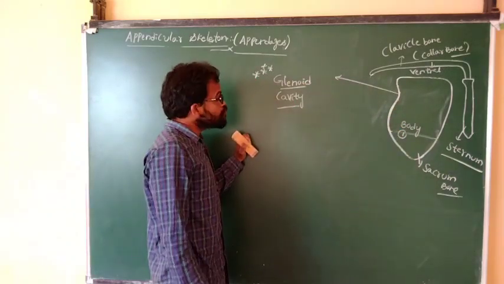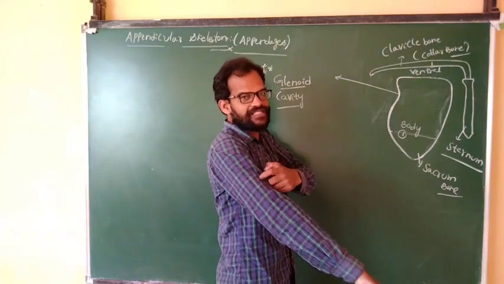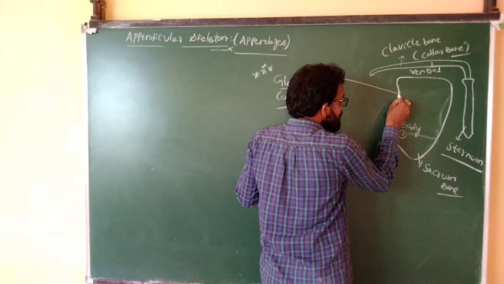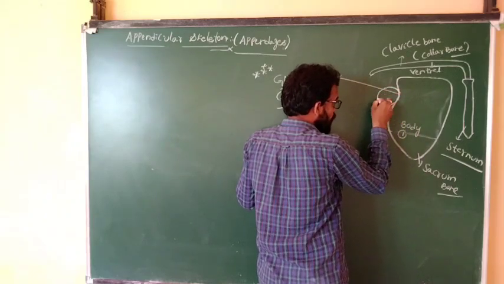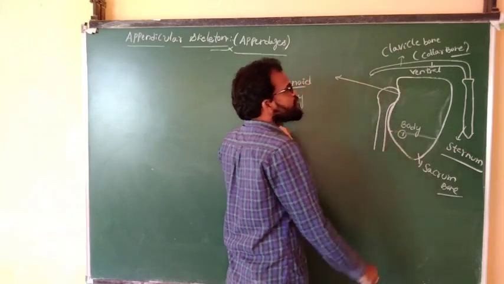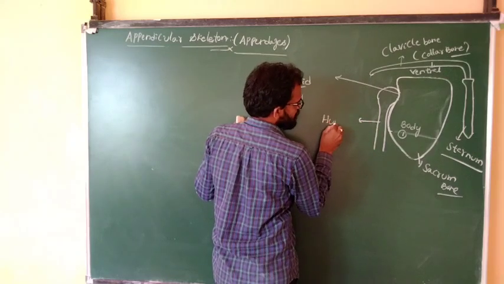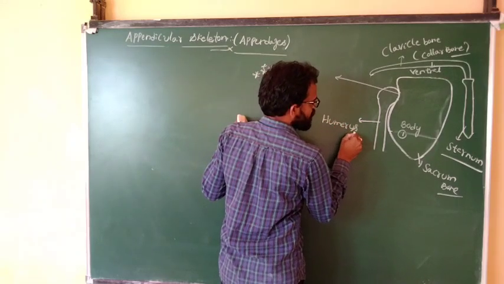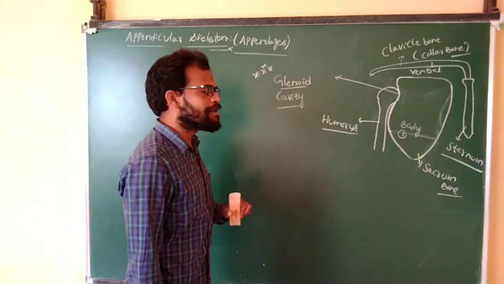What is attached to this cavity? It is the humerus bone, the humerus head. It is the first bone of the forelimb.